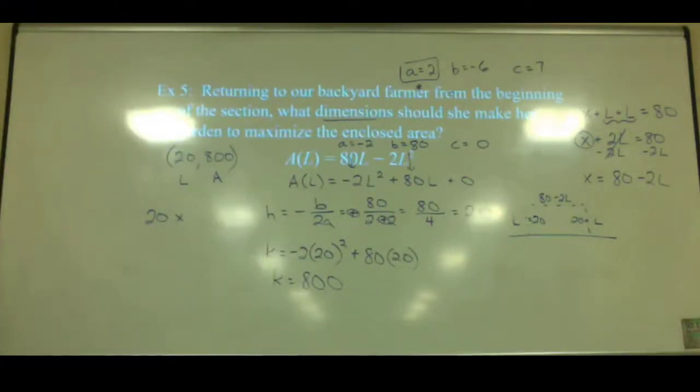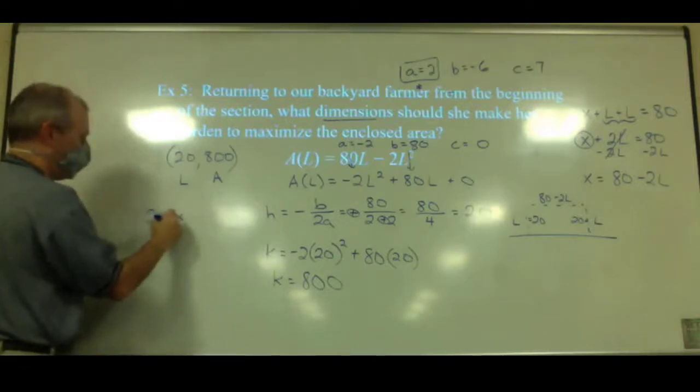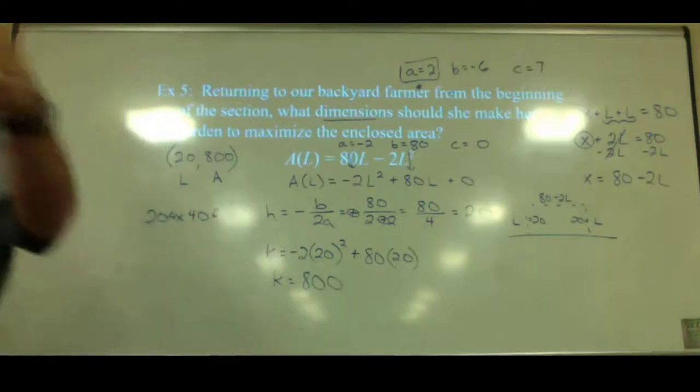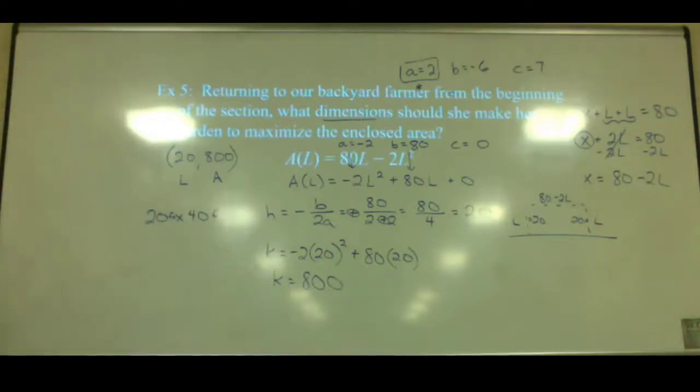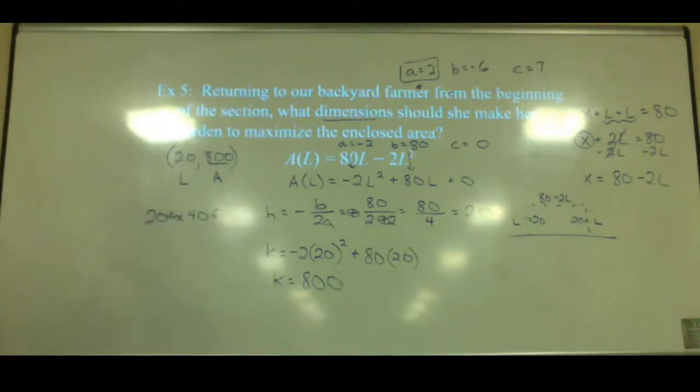So if we use 20 here and 20 here, how much do we have left for the top? 40. So your dimensions are going to be 20 feet by 40 feet. So the two sides are 20, and the top is 40. And that would give them the biggest area. This is actually the biggest area you could have using that fencing.